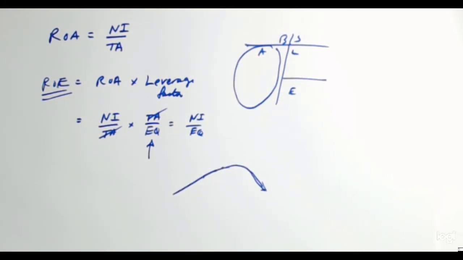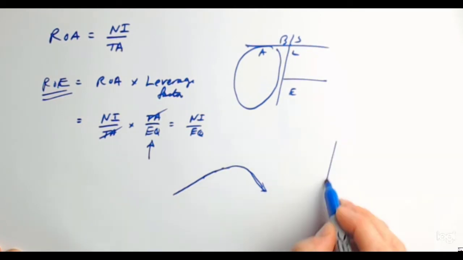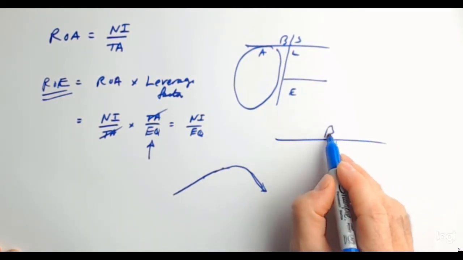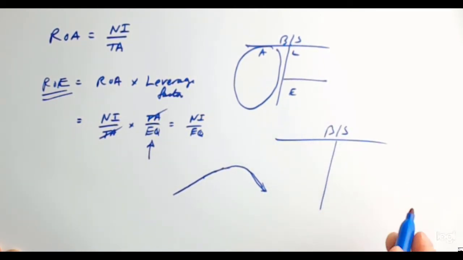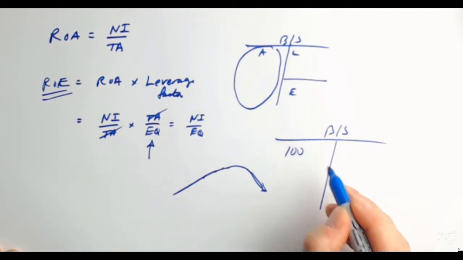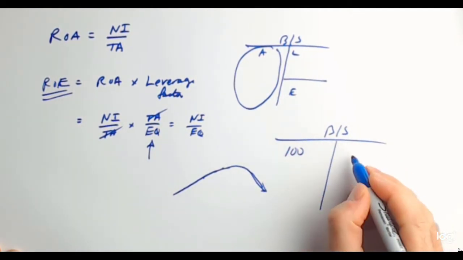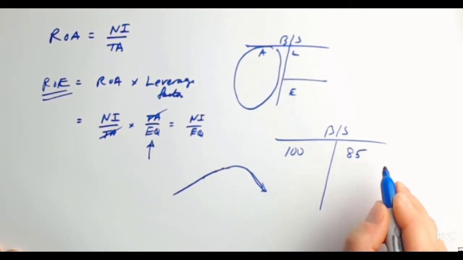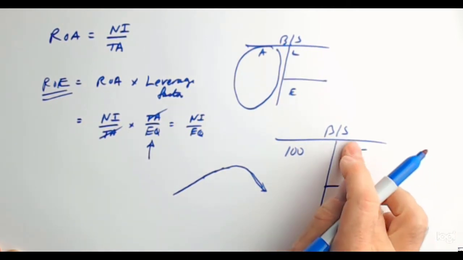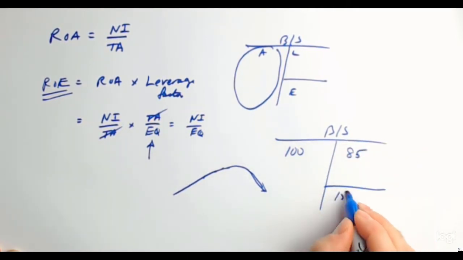Now let's look at a quick example of how leverage can hurt you or help you. So let's draw a new bank statement. So here we've got the balance sheet. Let's say a bank has $100 in assets. It has $85 in deposits and liabilities and $15 in equity or capital.